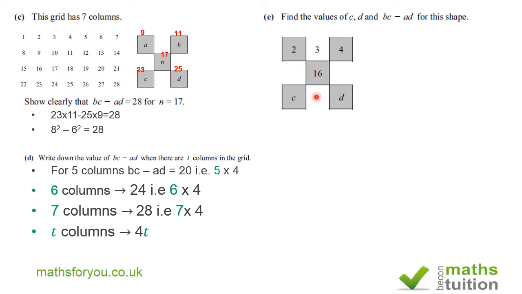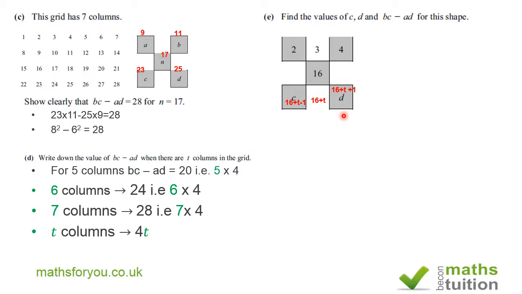Which means that in here we got 16 plus t. And because we're dealing with consecutive numbers, that's going to be 1 less, so that will be 16 plus t minus 1. That's 16 plus t, and that's 16 plus t plus 1.